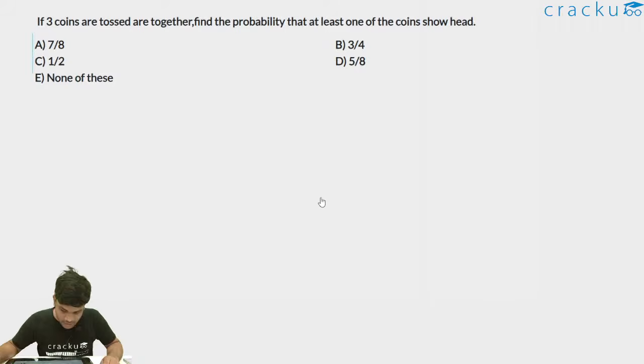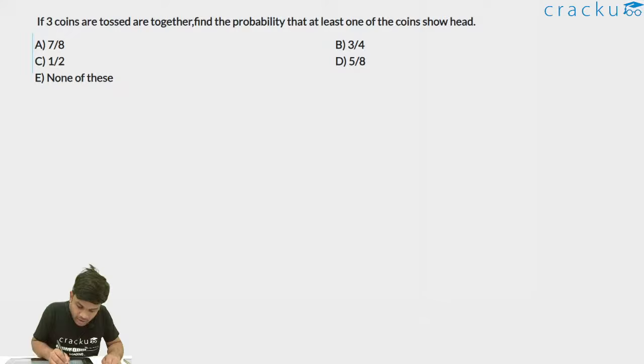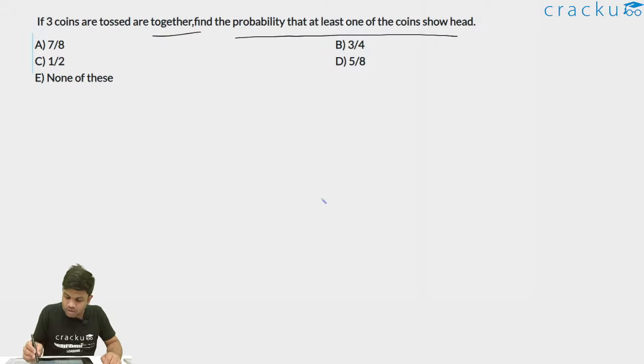So in this question it is said that three coins are tossed together. Find the probability that at least one of the coins shows head. So in this type of question, when there is at least one of the coins showing head, what we will do is subtract the case in which no coins are showing head from the total probability.